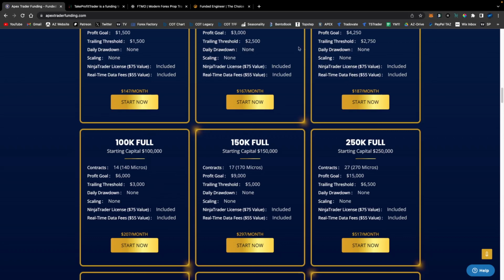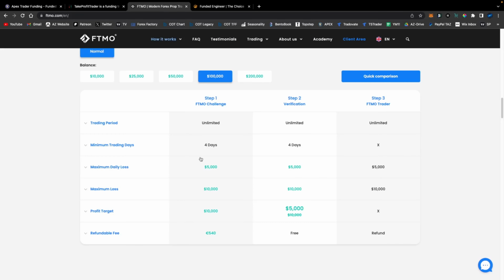And then comparing it back to the FTMO challenge, once you're funded, your maximum loss, let's say on that 100k account, is locked in at 90k. It's not moving up with your account balance, and you also do not have to worry about a trailing threshold once it's payout time.